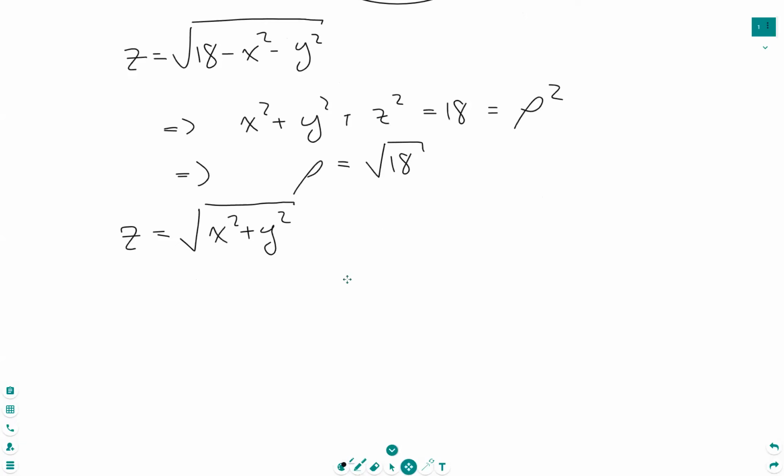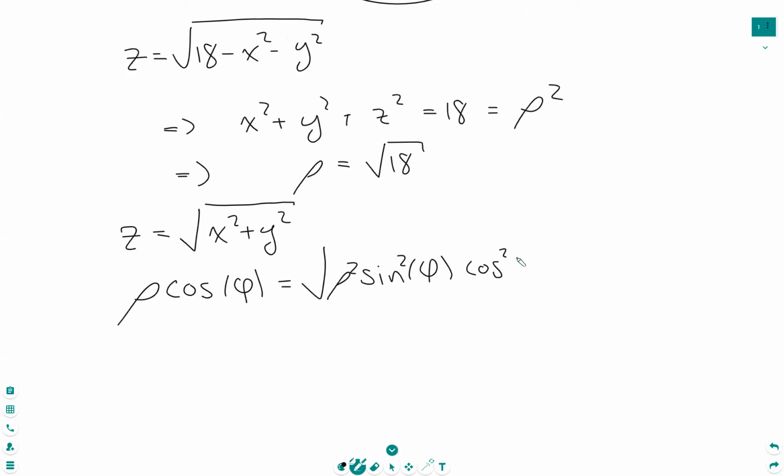This, however, needs a little bit of work. So let's plug in our definitions for x, y, and z in spherical coordinates. On the left-hand side, we get rho cosine phi. On the right-hand side, we get the square root of rho squared sine squared of phi cosine squared of theta plus rho squared sine squared of phi sine squared of theta.